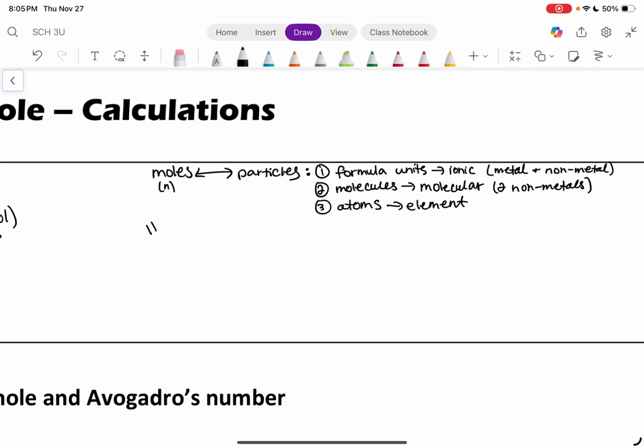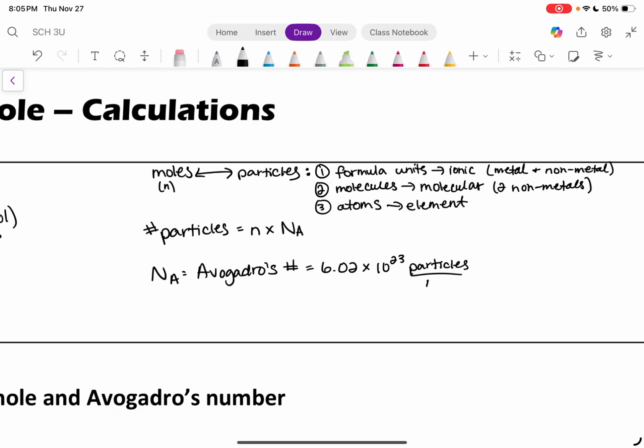There's a formula that goes along for solving the number of particles. So our number of particles equals our little n times a new value, big N with a capital A subscript. This stands for Avogadro's number, which we know from yesterday is equal to 6.02 times 10 to the 23 particles per mole.